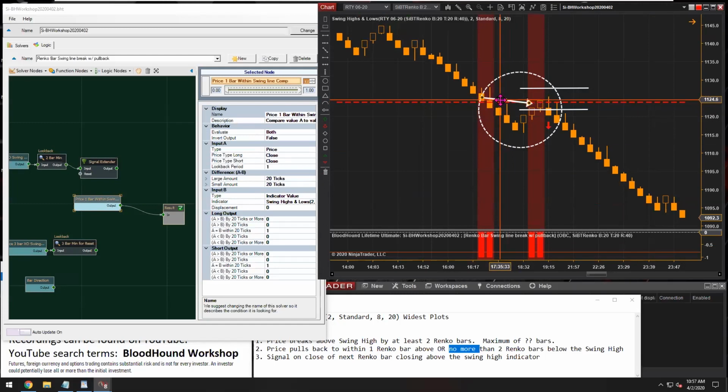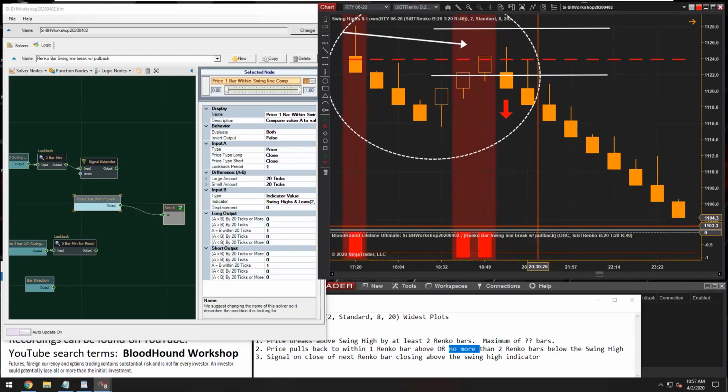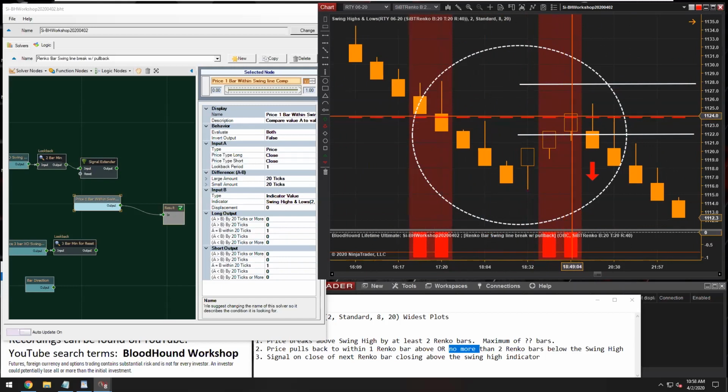We now need to take this signal and extend it forward an extra bar. Actually, I think we need to extend it forward 2 bars, in case we get a 2nd bar crossing above. So right here we have one bar that crossed our swing line during the pullback, but we might also get 2 bars, and then the reversal bar.